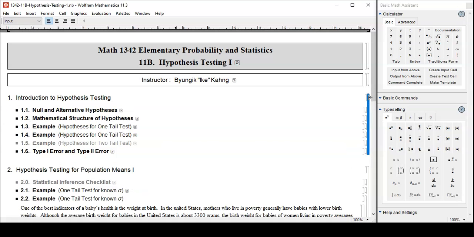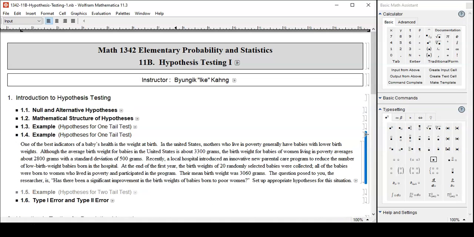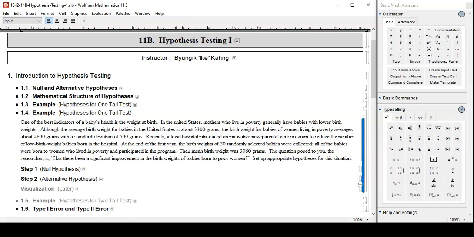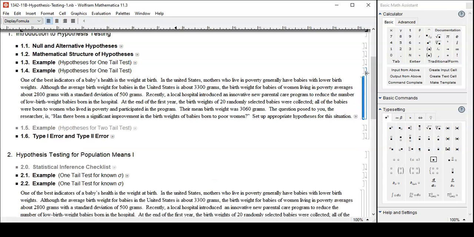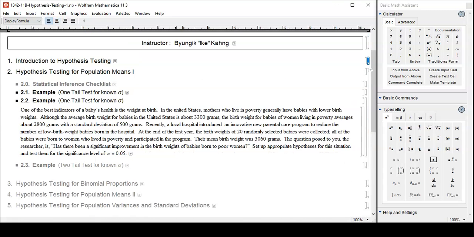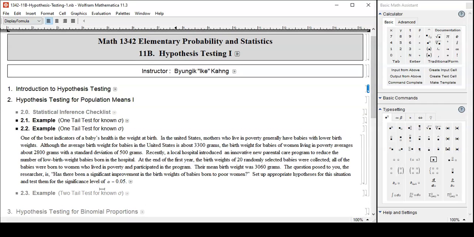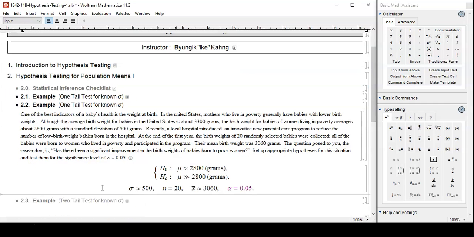Back in section 1, we went through this problem and came up with this conclusion. So let me copy and paste this. Okay.